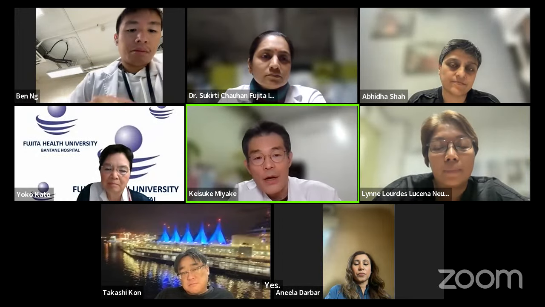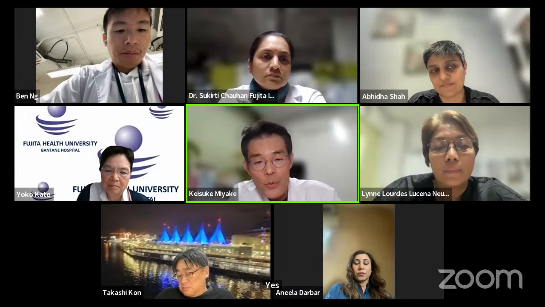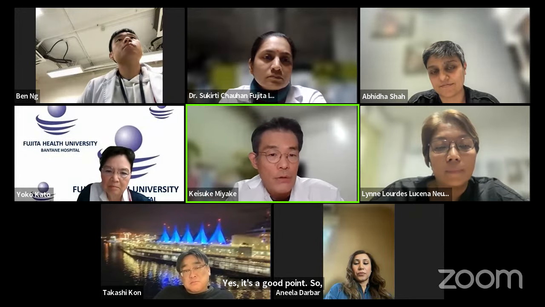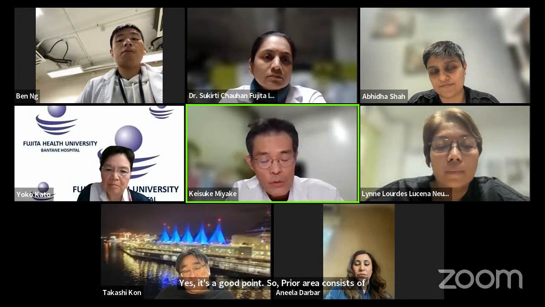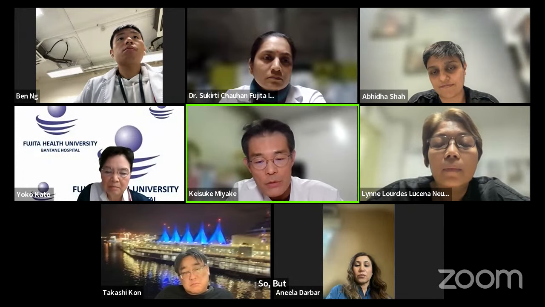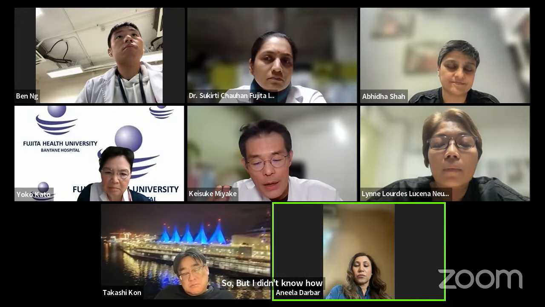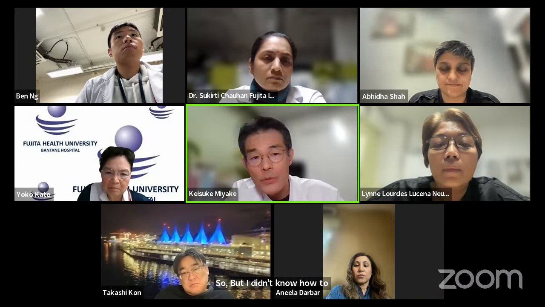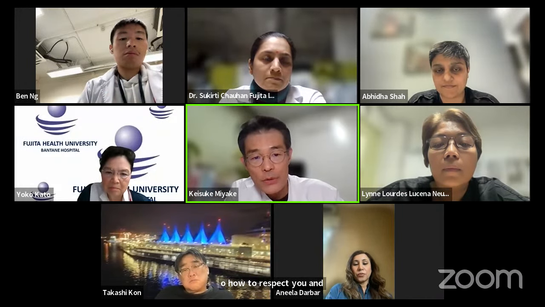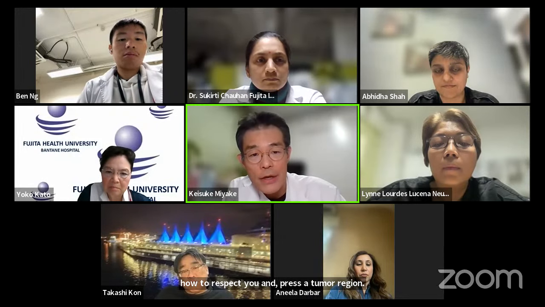That's a good point. The FLAIR area consists of tumor regions and edema regions. But I didn't know how to identify the tumor region in the FLAIR T2 high intensity area.